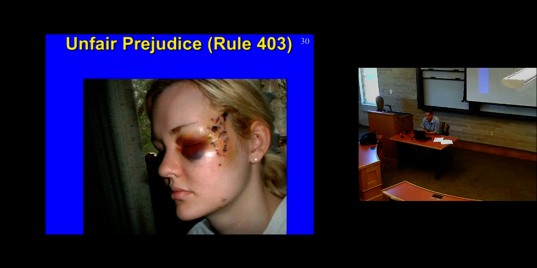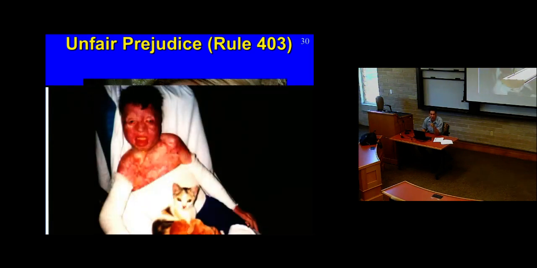And the judge might say, even though this might inflame the passions of the jury, and that's the danger of the unfair prejudice, there's still some probative value here. And even if the danger of unfair prejudice outweighs the probative value, it doesn't substantially outweigh it, and so it will be admissible.